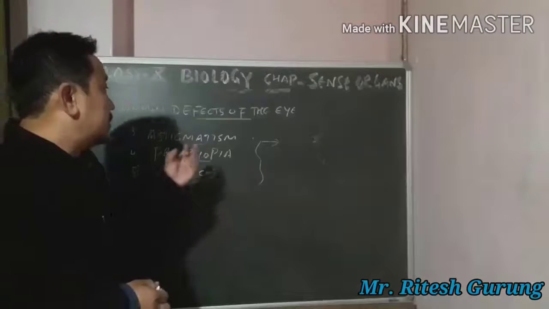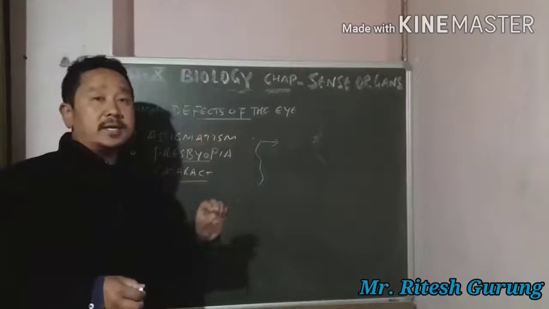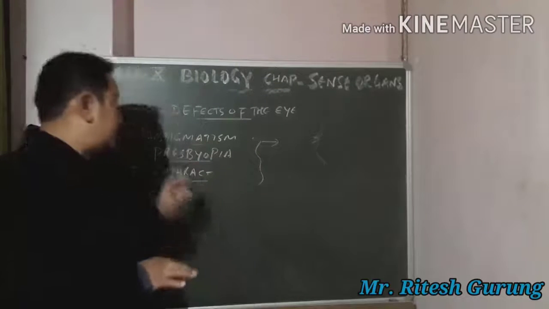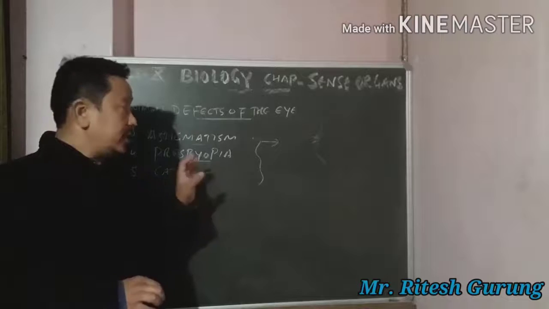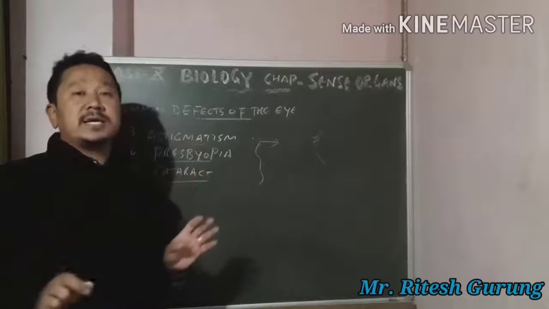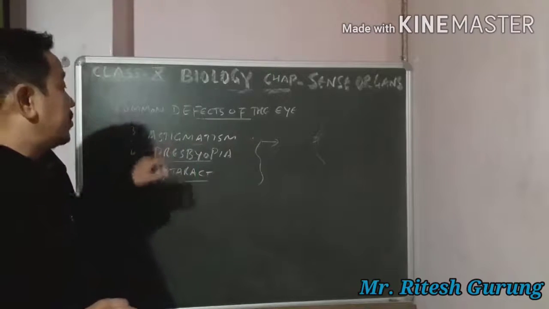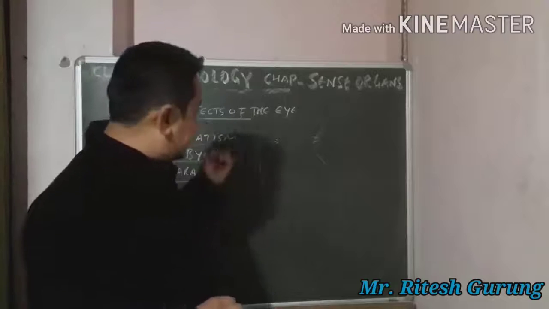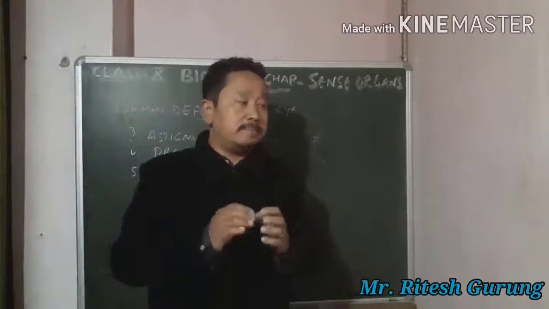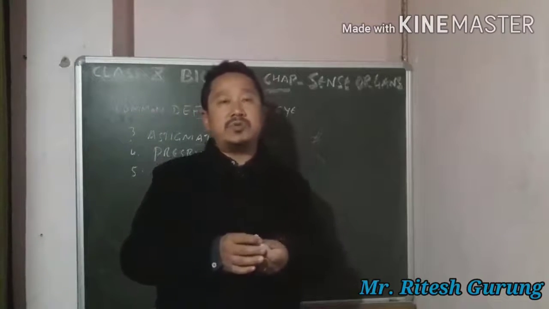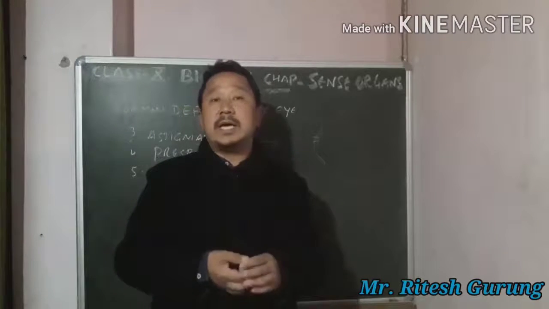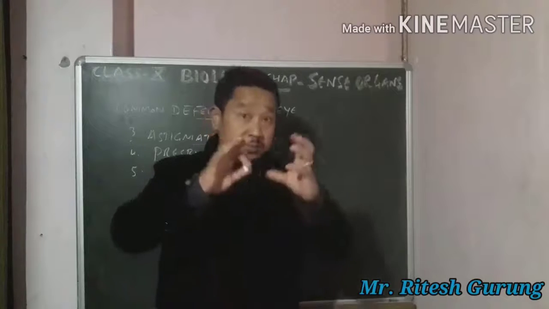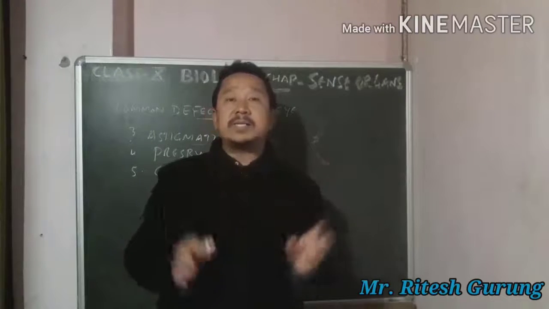The other three common defects of the eye in the syllabus are astigmatism, presbyopia, and cataract. Here the diagrams are not needed. Number one is astigmatism, a condition in which some parts of objects are seen clearly, in focus, whereas other parts are seen blurred.